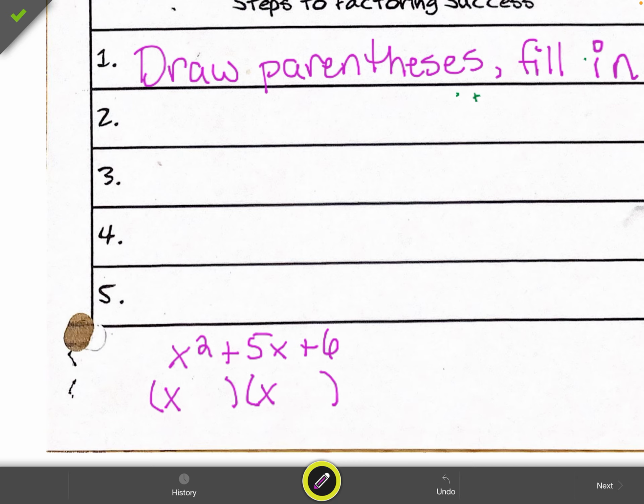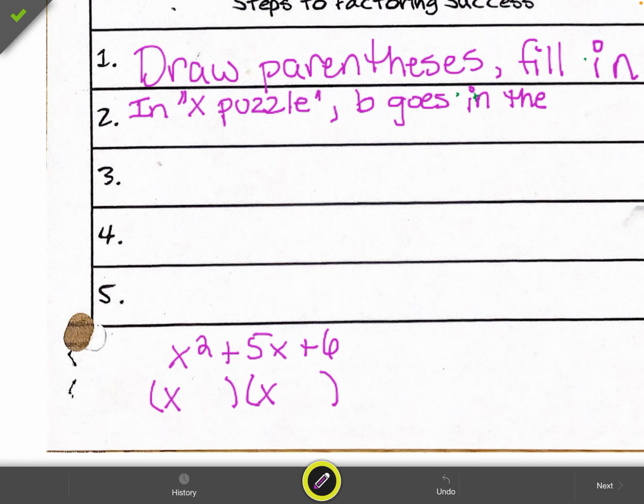So draw parentheses, fill in variable. All right, second step, you're going to actually use the X puzzle. So in your X puzzle, we'll put it in quotes so you know that we're going to use the X. Whatever number is represented for B, which we said in our example is 5, is going to go in the bottom part of our X. And again, this is not going to make a lot of sense right now.